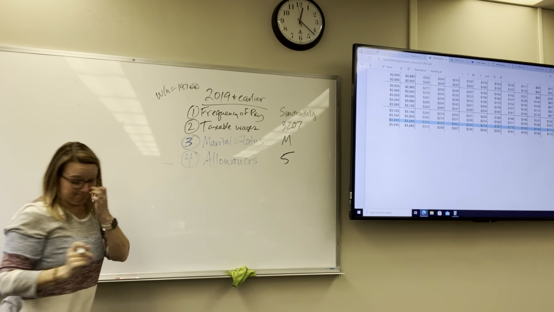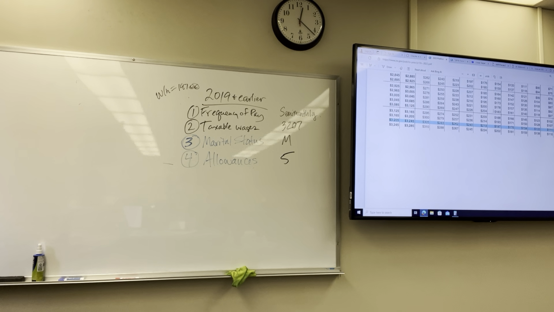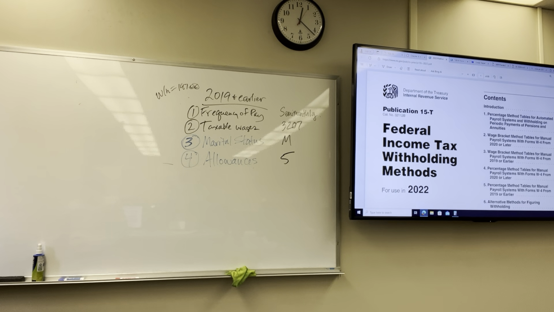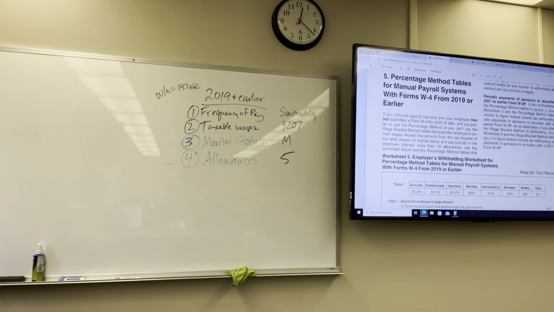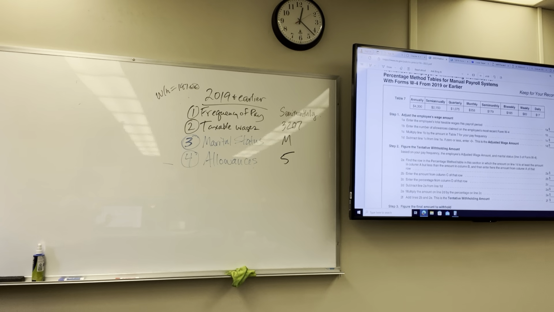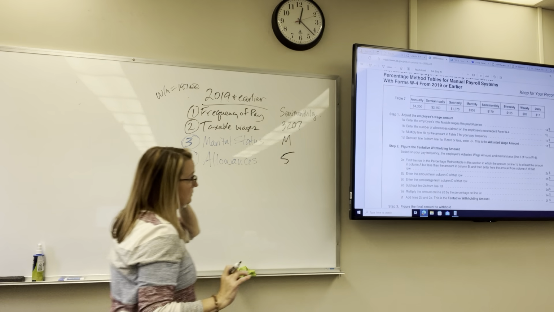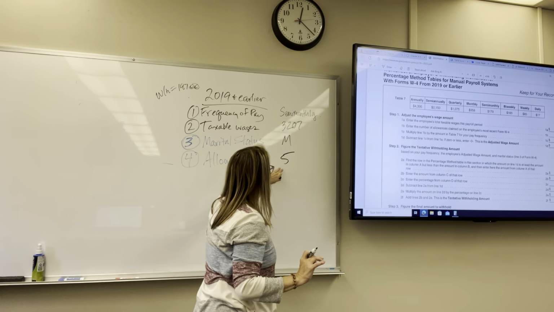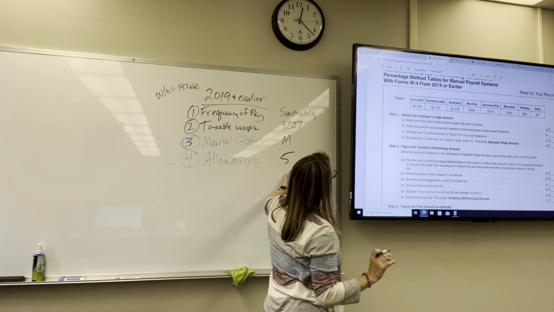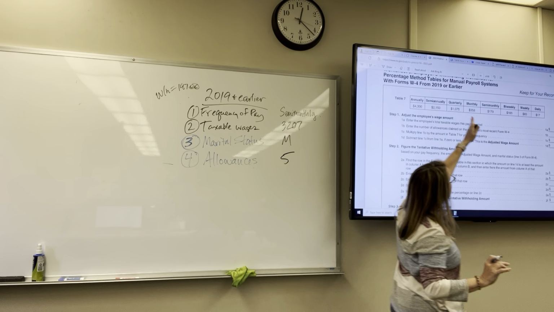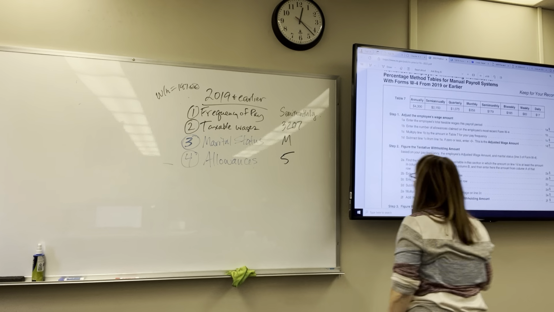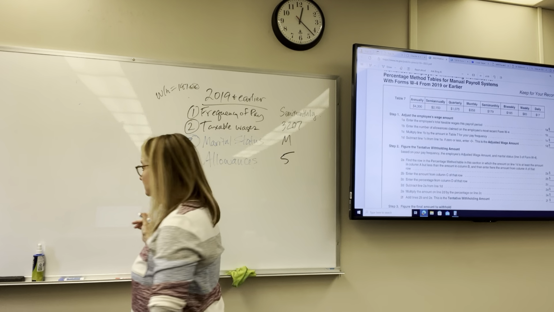All right. Now we're going to do it using the percentage method. Remember, we need this table. So we're going to take the number of allowances times the appropriate number based on the frequency of pay. That's what we're going to subtract from the taxable wages.